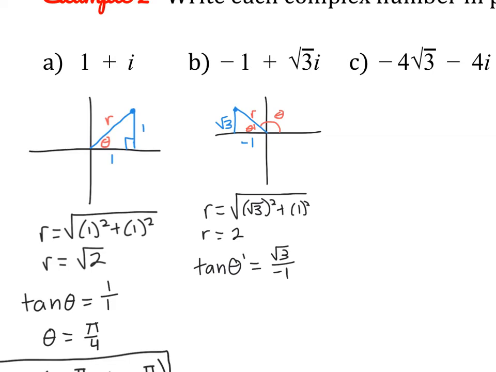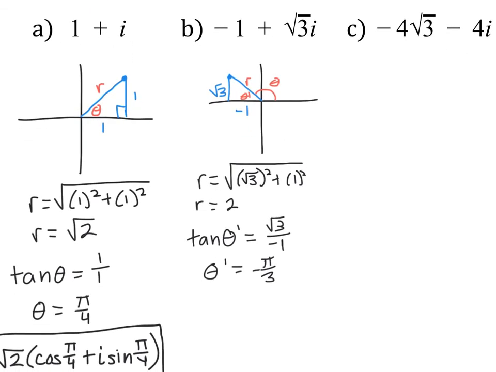So here we know that the arctangent of negative root 3 tells us that our reference angle would be negative pi over 3. But again, we want this angle, so we need to make sure that we're adjusting it to place it into quadrant 2. So if this distance is pi over 3, we know that this distance should be 2 pi over 3. So theta is 2 pi over 3.